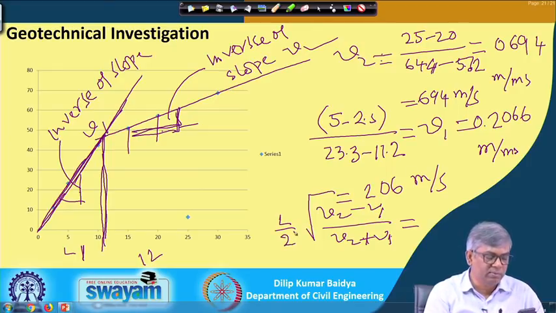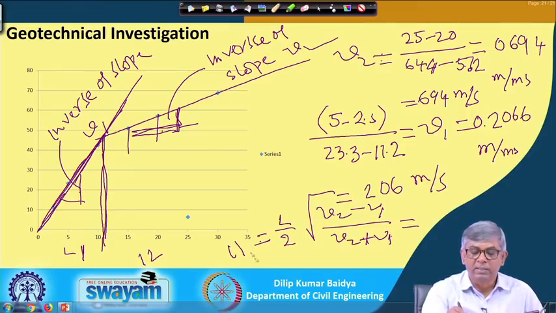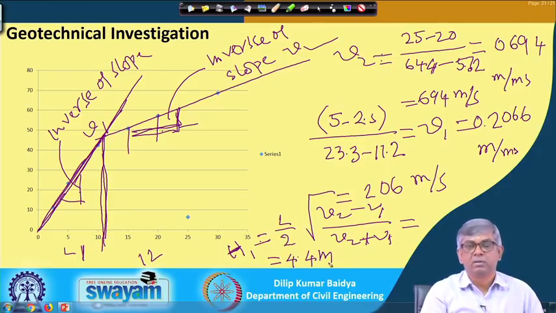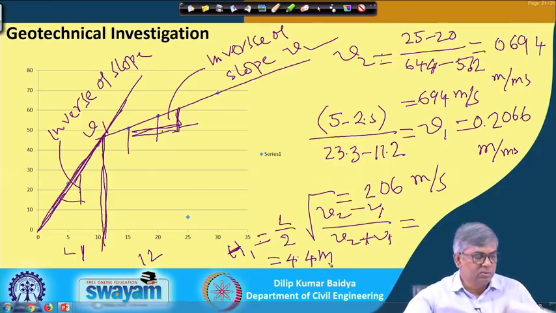If I take 12 and divide by 2, that means 4.4. So this gives you H 1, that means the thickness of the first layer is around 4.4 meter. So this is the way one has to do the calculation.